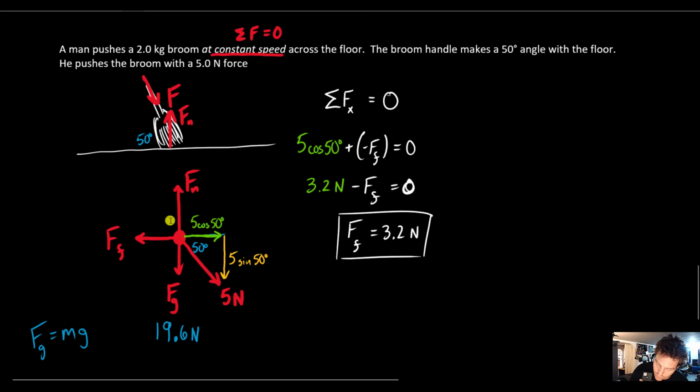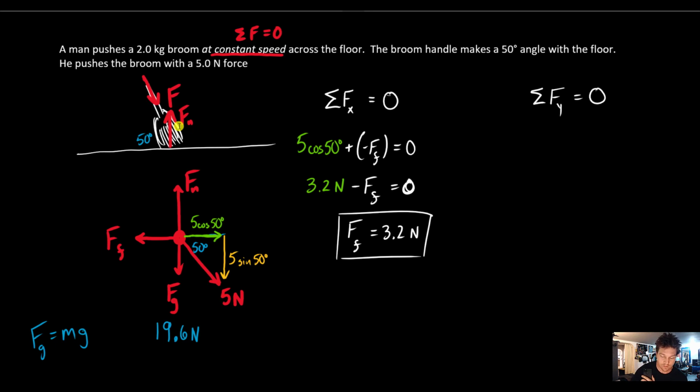All right, same process now for the y direction. I use Newton's second law. I set up my force equation for the y direction. And I look at the context of the problem. This broom is not accelerating up or down, so I know that the y direction net force is equal to 0. And now I'm just going to add all of my y direction forces.